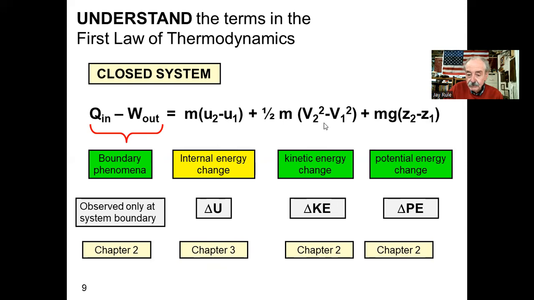Kinetic energy change, well, that was covered in chapter 2. You refresh your memory of the reading. Kinetic energy change, potential energy change, also introduced in chapter 2. So you take just a couple of minutes to think about the first law, and we're putting things together. We're putting chapter 2 and chapter 3 together, and the first law is doing that, putting things together.